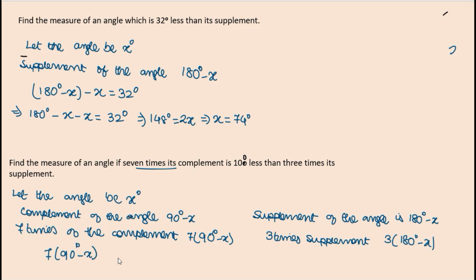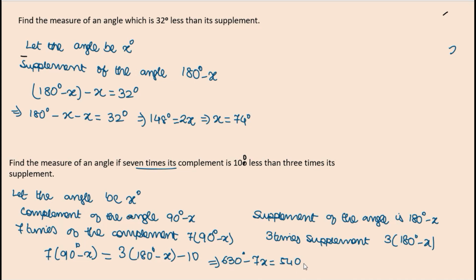So 7 times its complement is 10 degree less than 3 times its supplement. Just multiply and do the required simplifications. So this is 630 minus 7x. This is 540.